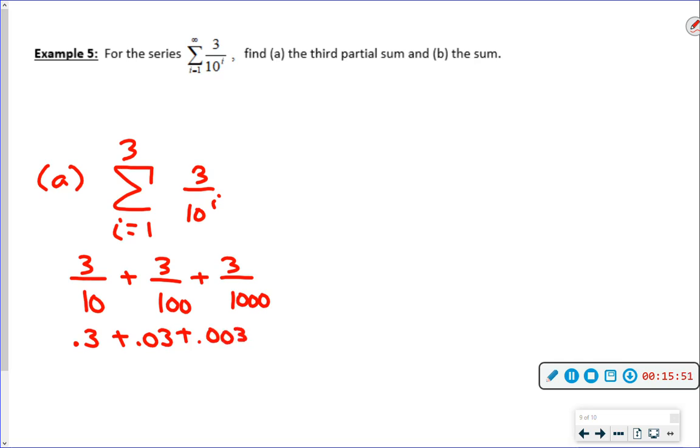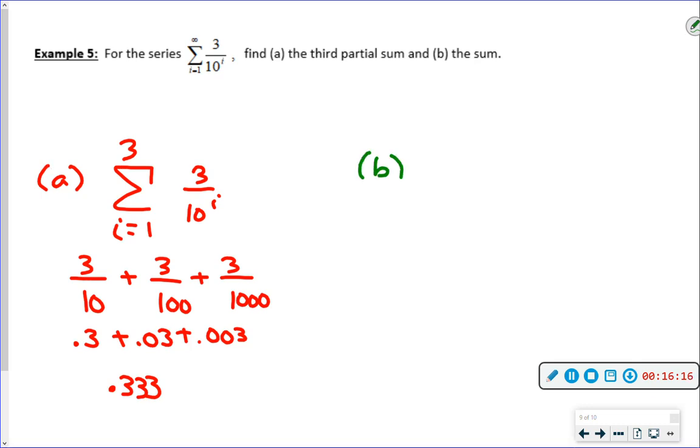You add those, 0.333. Now, question: does that go on forever? Do I use a bar on it? Is it just 0.333, done? It probably goes on forever, with a line over the top of it. I'm going to sit on that. I'm not going to circle it or answer that one way or the other yet.